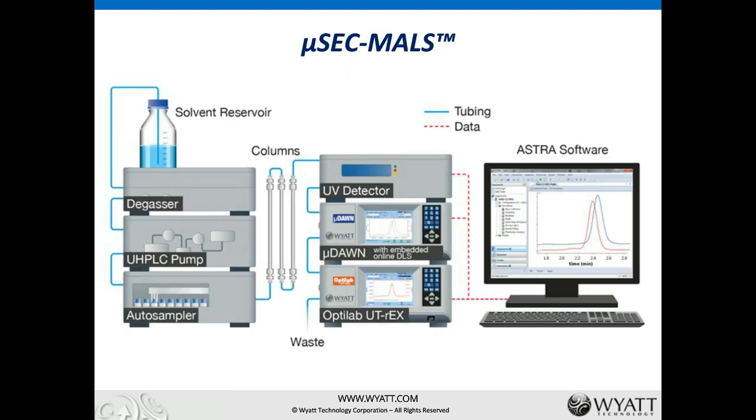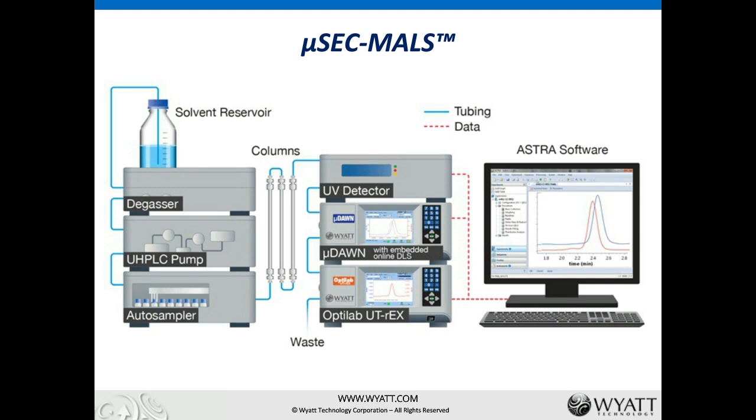So this is the flow diagram of SEC-MALS, and on the UHPLC platform, we call that micro-SEC-MALS. For an ideal system for proteins, the detectors should include UV, MALS with embedded DLS, and a differential refractive index detector, also known as DRI or RI detector.